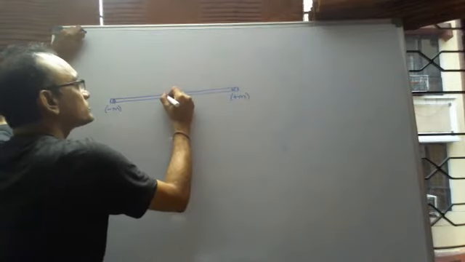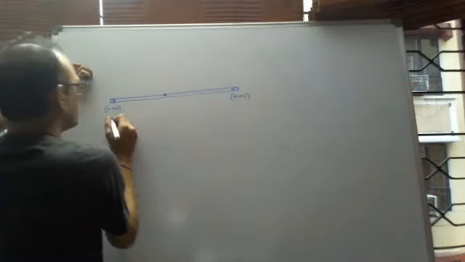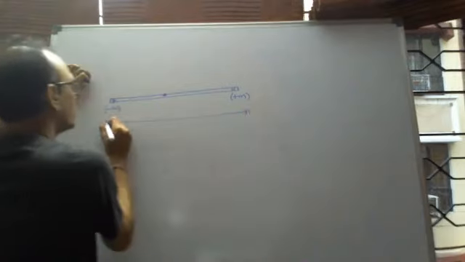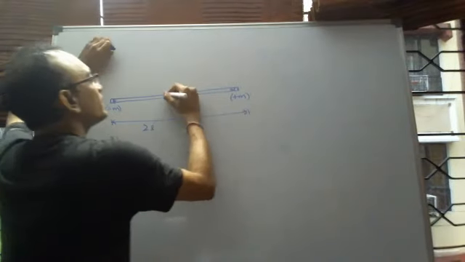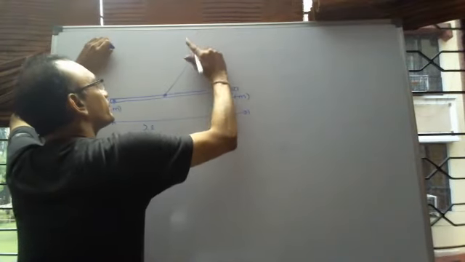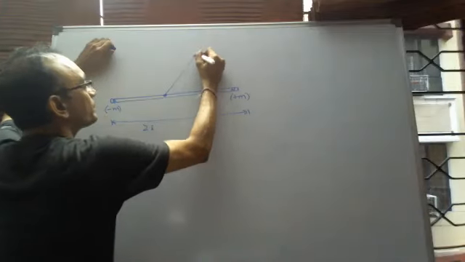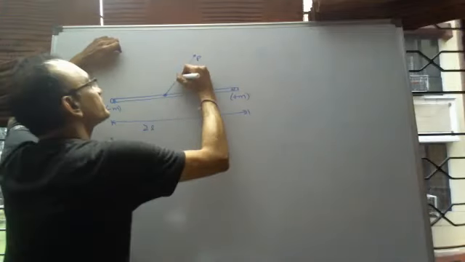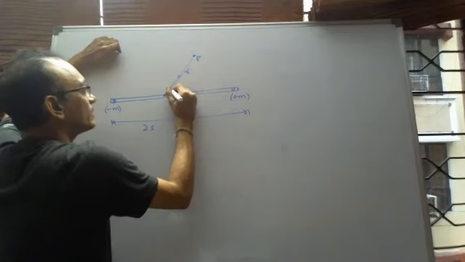In general, suppose this is a small magnet, 2n. If I had to find the field at a point P, any point P can be designated by two things, R and theta.